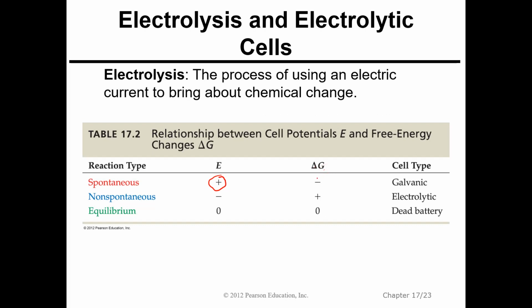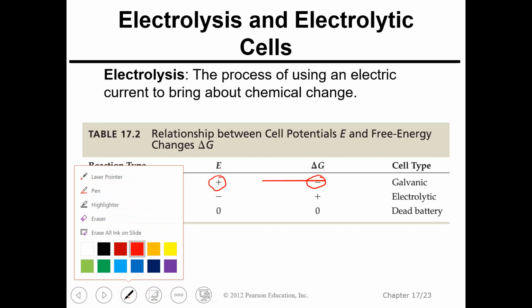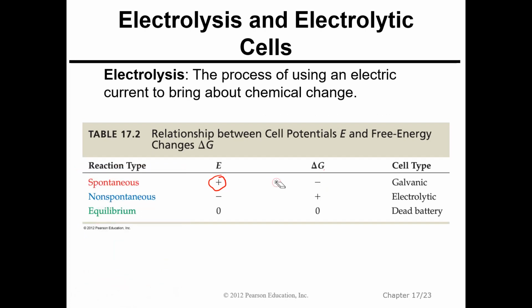We know that delta G has to be negative for a spontaneous reaction. So if you plug that in, you're going to get a positive cell potential. If you have a situation where delta G is positive, that's a non-spontaneous reaction. For a non-spontaneous reaction, E, the cell potential, would be negative.